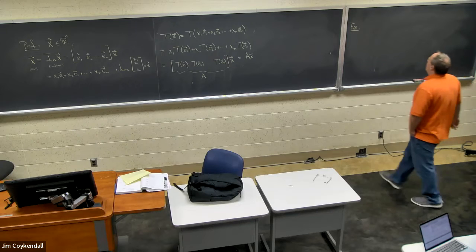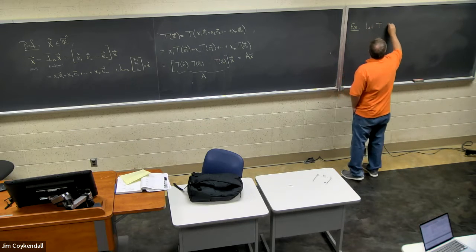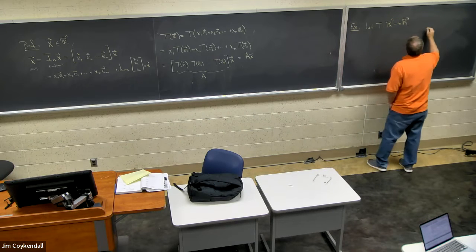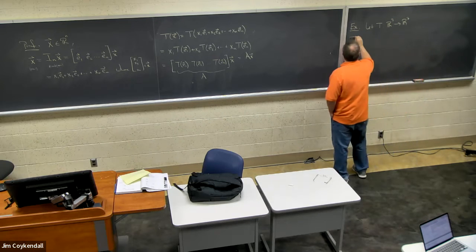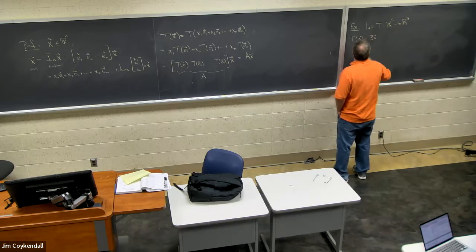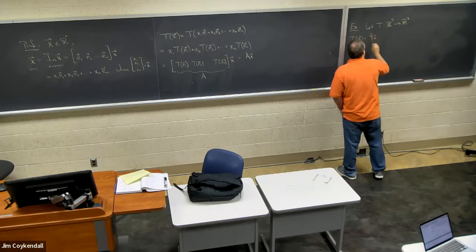Okay. So let's do this. I'm going to have T of x equals 3x. No, I'm not. I'm going to do 9.